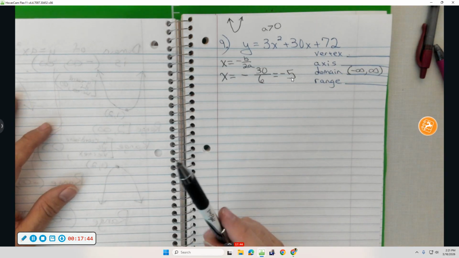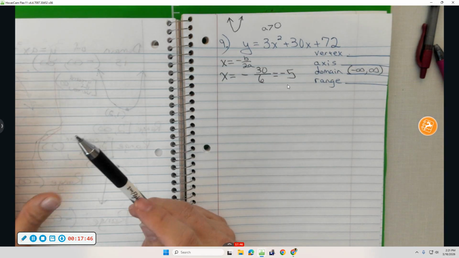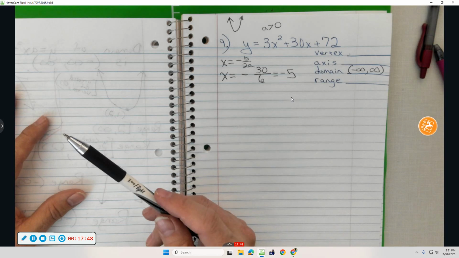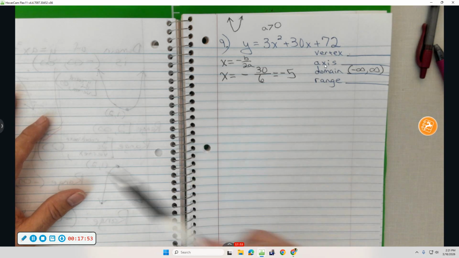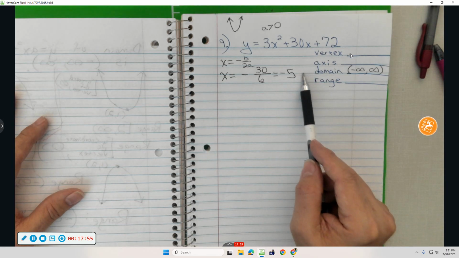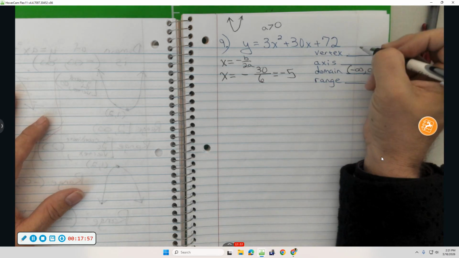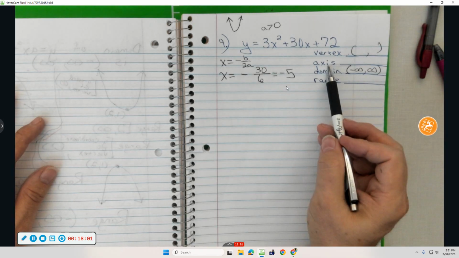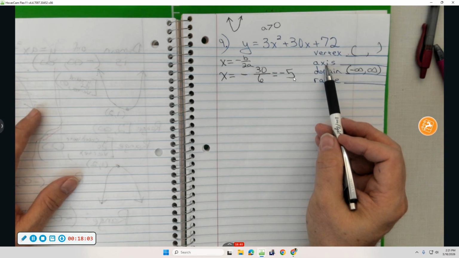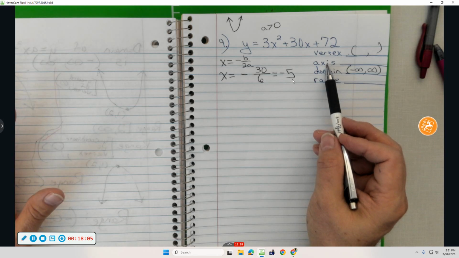That means the graph is going to have a vertex at the point where its x value is negative 5. That's not saying that the vertex is negative 5. The vertex is an ordered pair. But what you found here is the axis, that imaginary vertical line passing through the vertex.